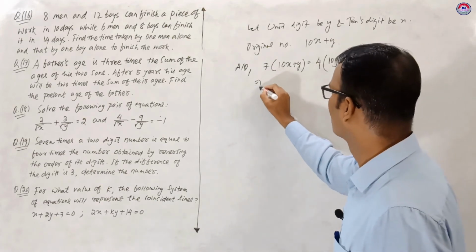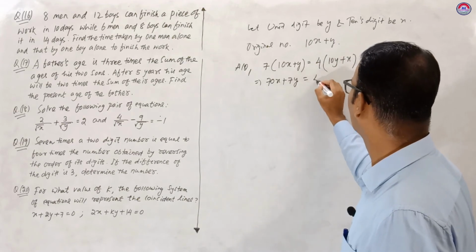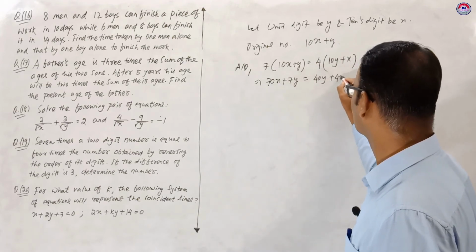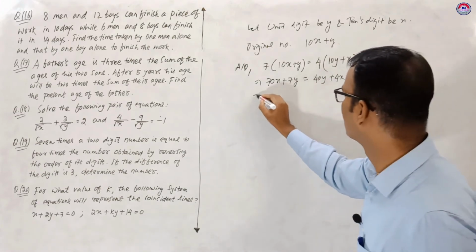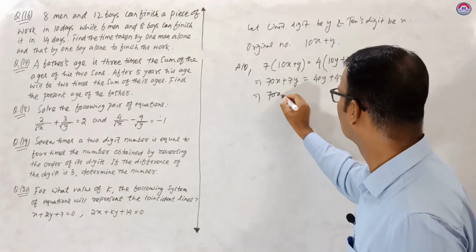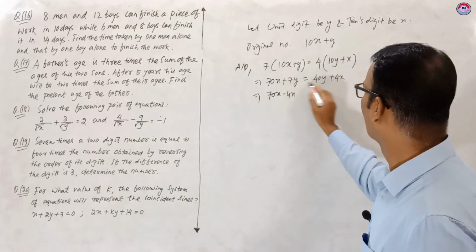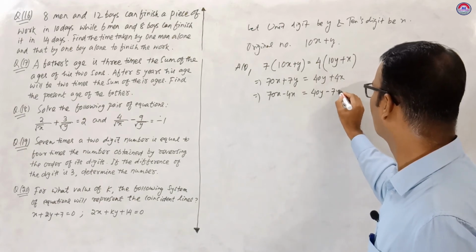Now you see it is 70x plus 7y equal to 40y plus 4x. That implies 70x minus 4x is equal to 40y minus 7y.